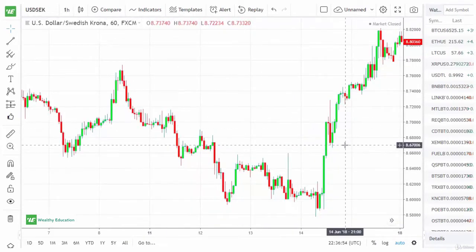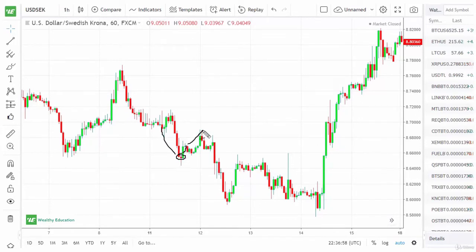Now, in this case, you could make an argument for an abandoned baby in the bullish sense in the Swedish krona because we were negative. We ended up forming the little candle there, and then we rallied, and you can see that we rallied a little bit.